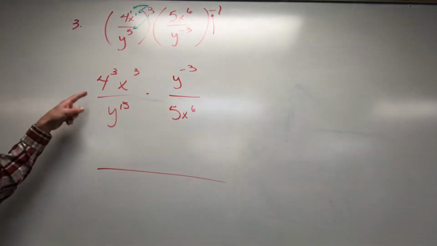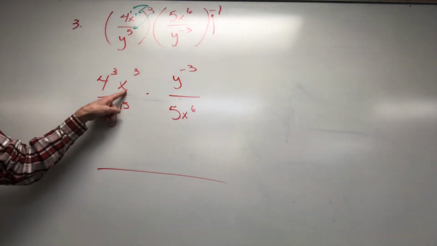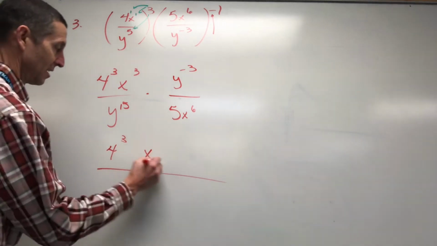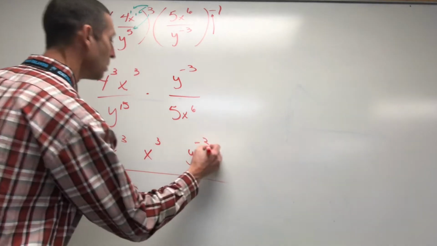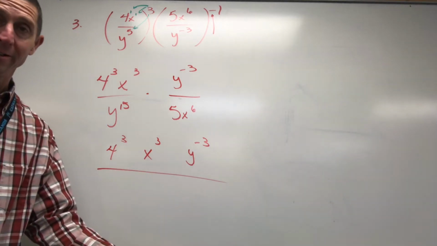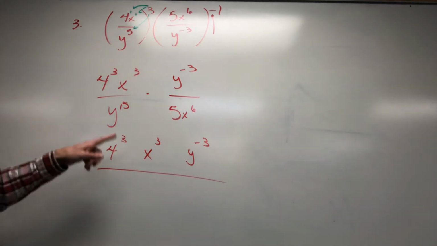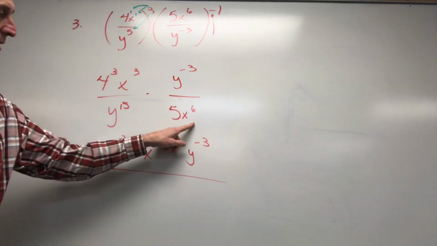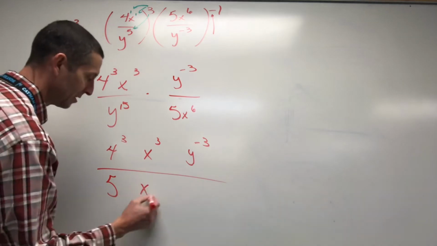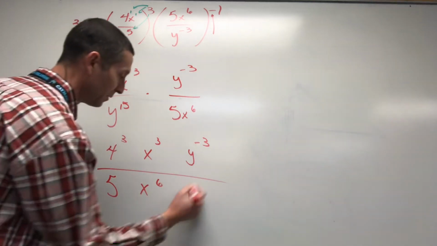So across the top, I've got 4 to the third, x to the third, y to the -3. Numbers, x's, y's. So that's my numbers and my x's and my y's in order. So get organized. And then across the bottom, you've got a number, you've got an x, and you got a y. So you got a 5, an x to the 6th, and a y to the 15th.